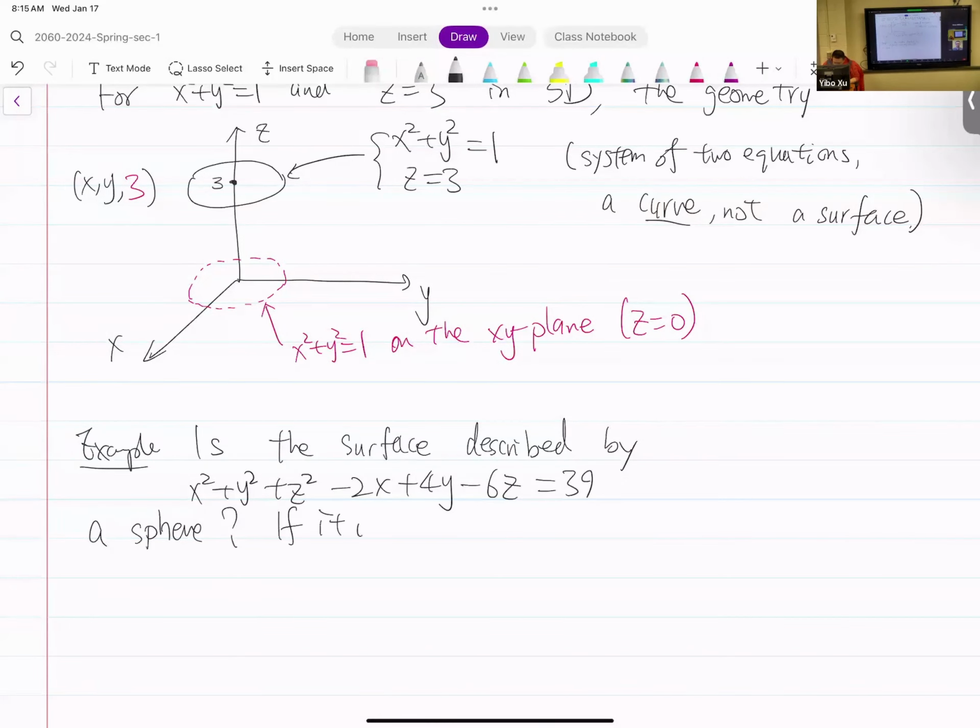If it is a sphere, we want to look for the center and the radius. What are the coordinates of its center and its radius?